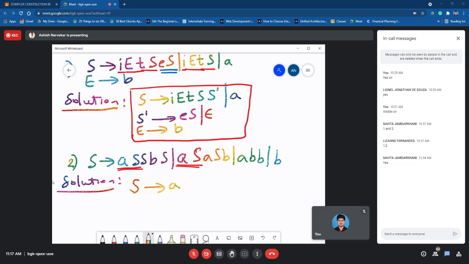the alpha, aS, followed by S dash, or b. Finally, we write S dash in terms of the betas.